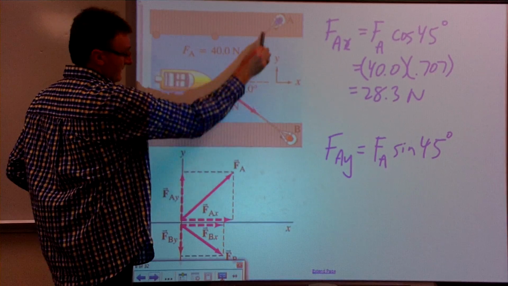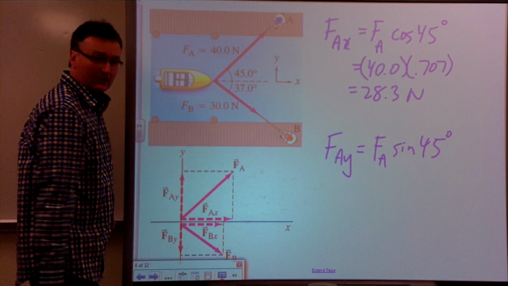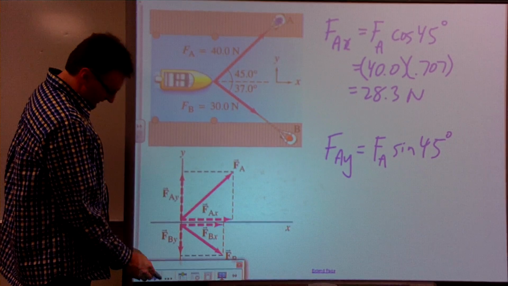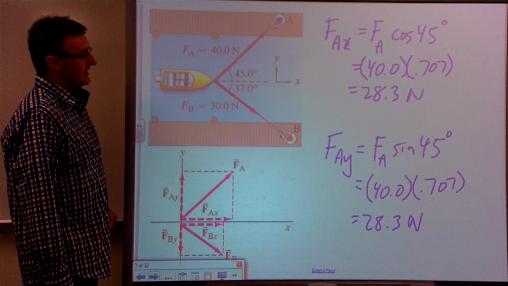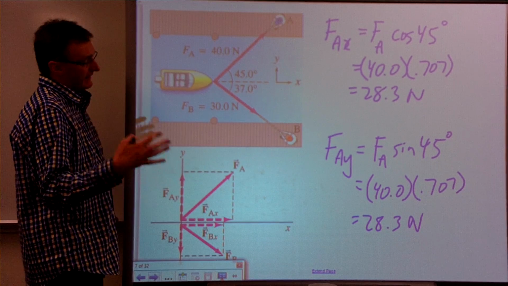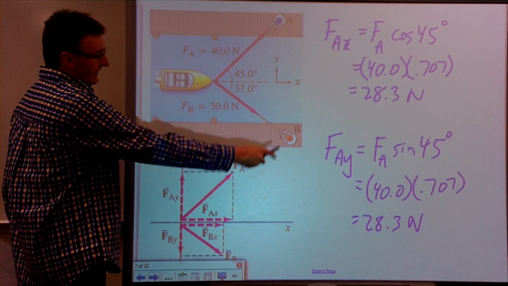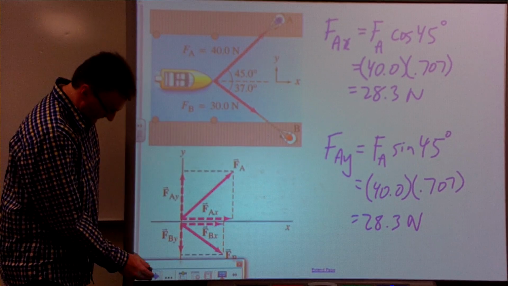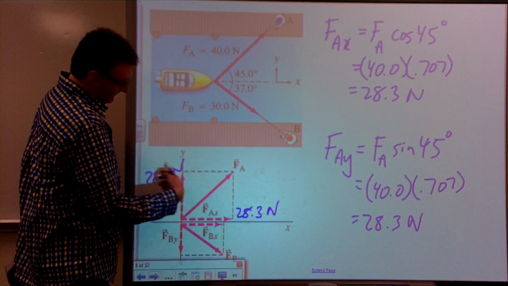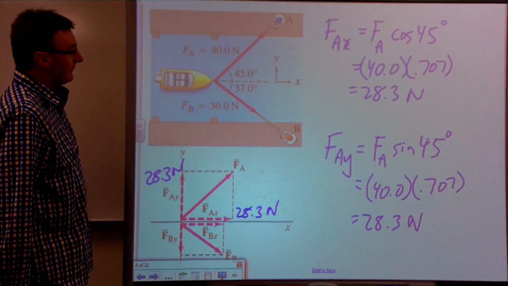So once again, 40.0 times 0.707. The sine of 45 is the same as the cos of 45, so these happen to be the same, 28.3 newtons. We'll put them on our component diagram.